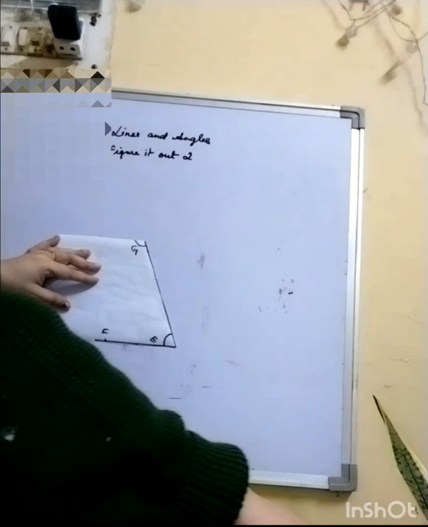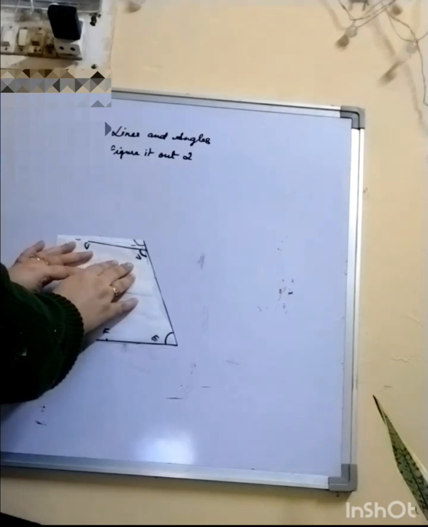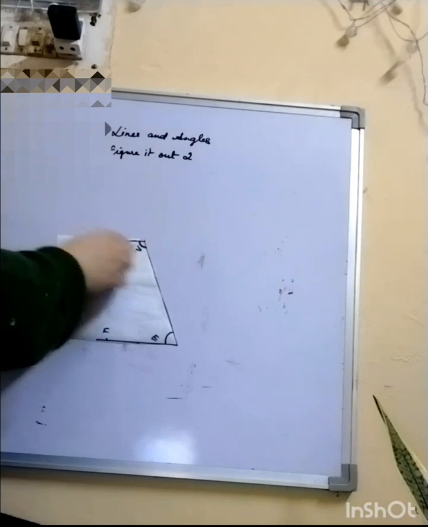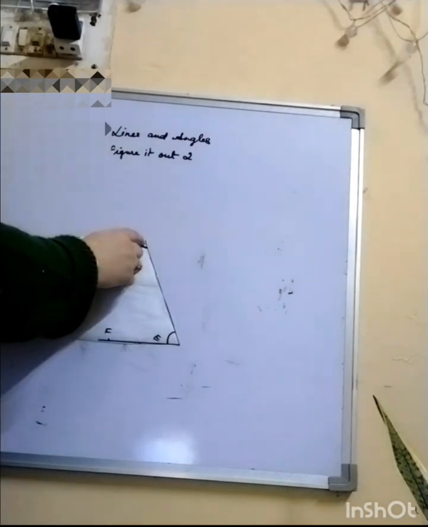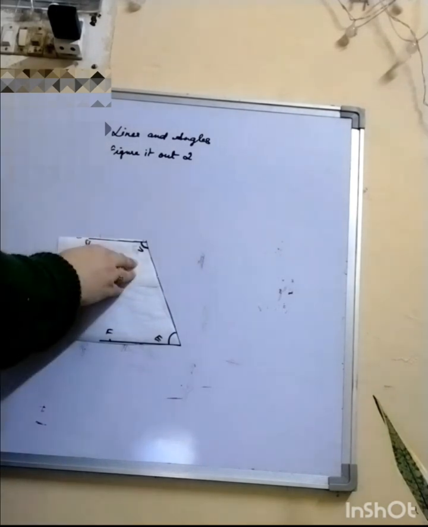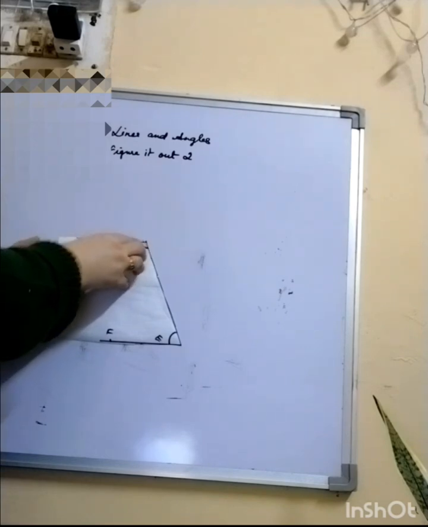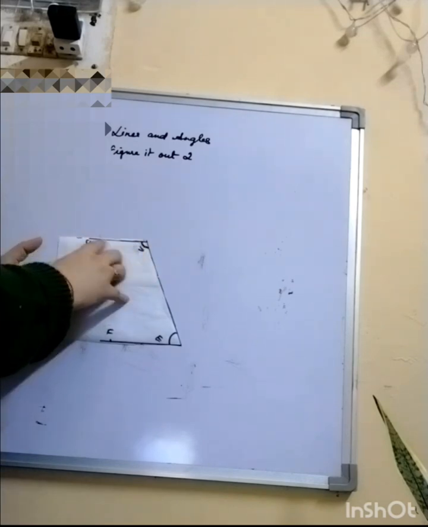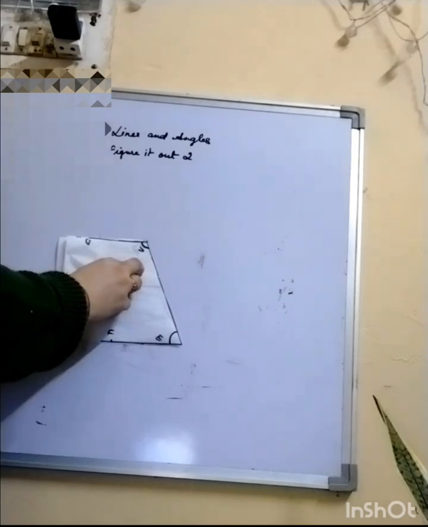Similarly, if I put angle C here over angle G, again the arms are aligning with each other, and the vertex is also coinciding. So we learned yesterday that if two angles are put over each other and their vertex and arms overlap each other, then they are equal angles.